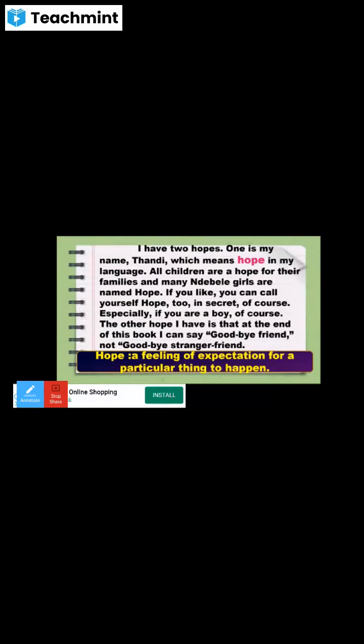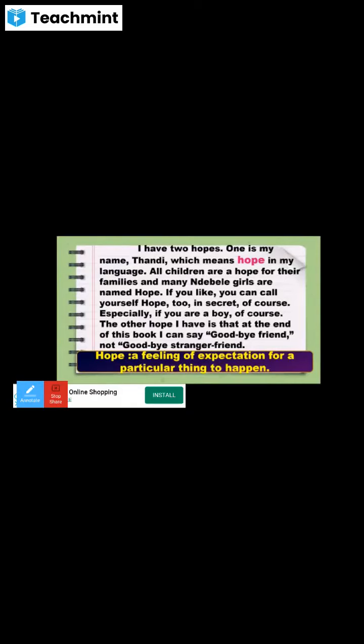So here, hope means a feeling of expectation for a particular thing to happen. So I hope I want to become a doctor. I hope I want to become a police officer. You are thinking about your hope, like a dream or goal or achievement. If you have hope, you can work for that.